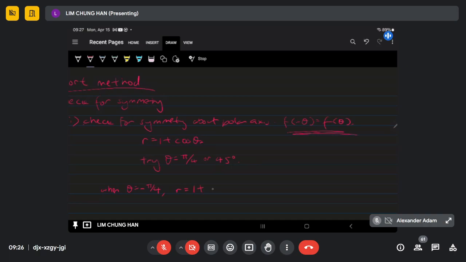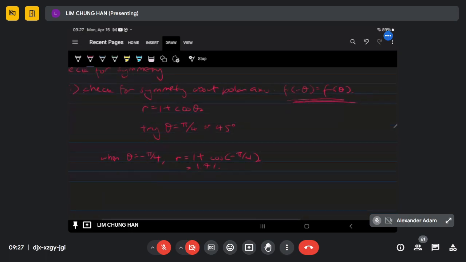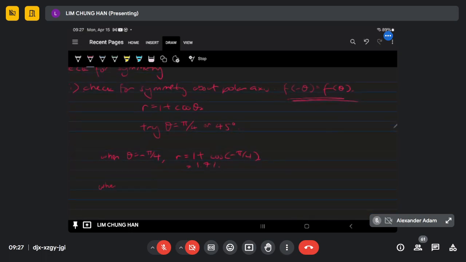It's 1 plus cos negative pi over 4. What is the answer? 1.71.